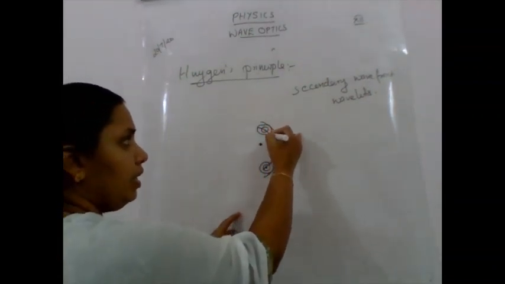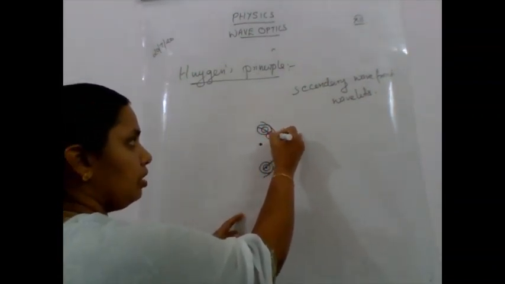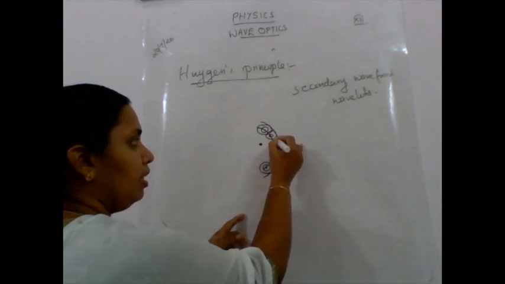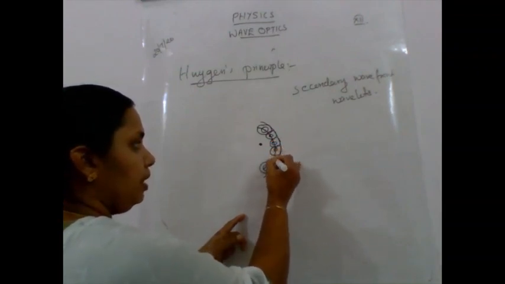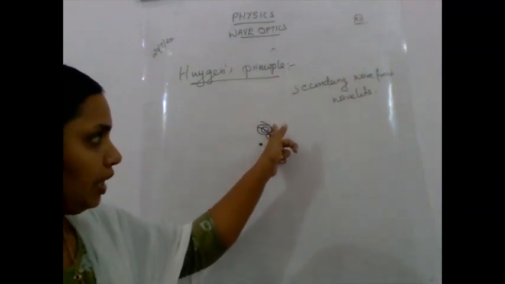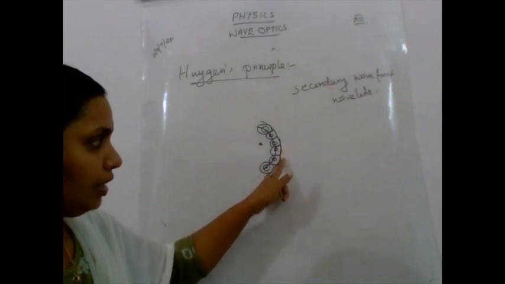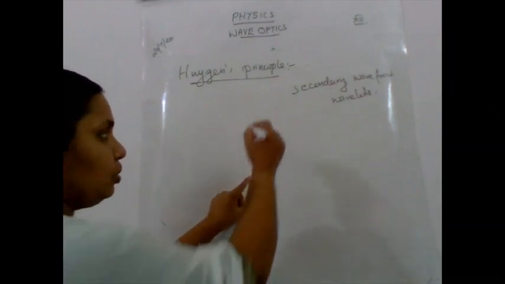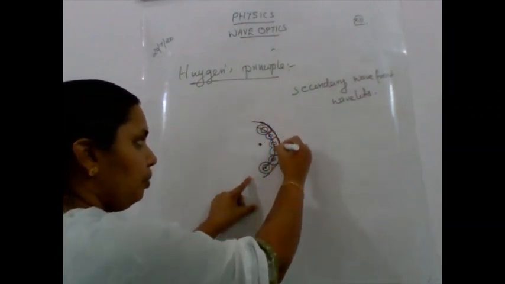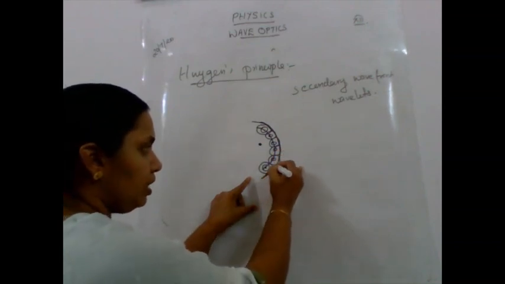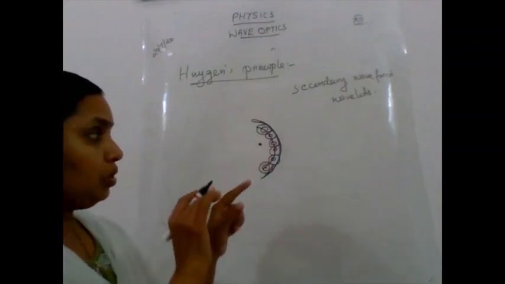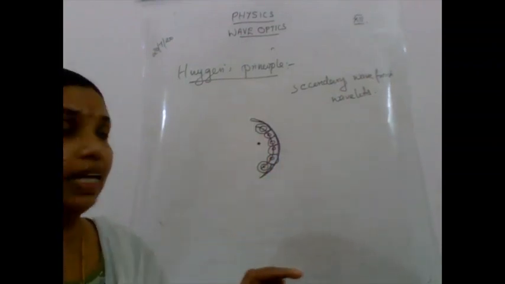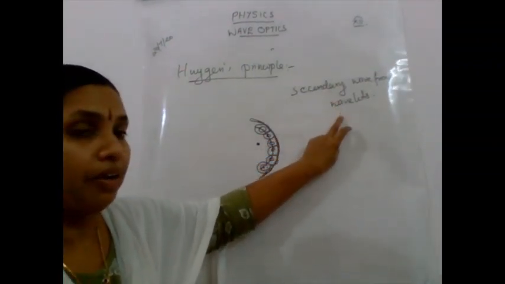This point will be there, and from the source the next wavelet will be there. So I am drawing a tangent to this point and joining that. That will form a new wavefront. So this is the next wavefront. It is obtained by joining the tangent of the secondary wavefront or wavelets.